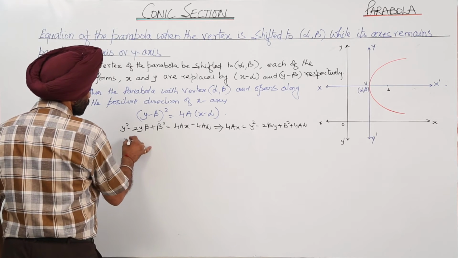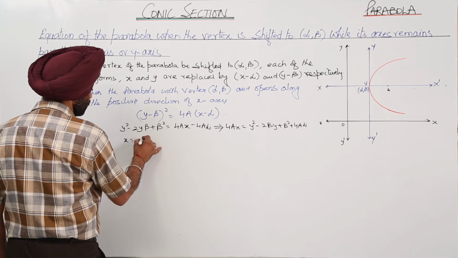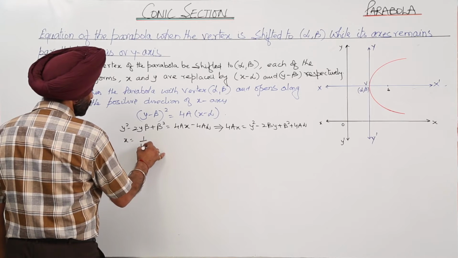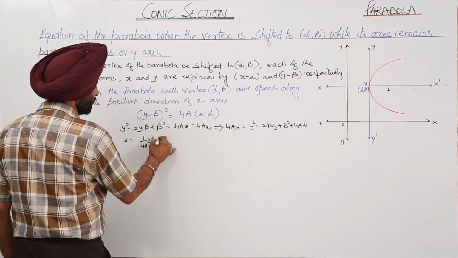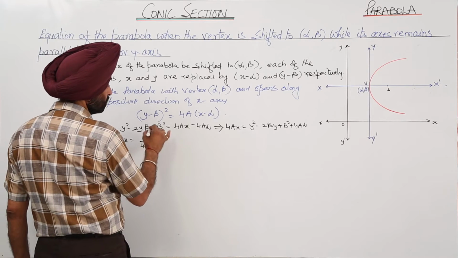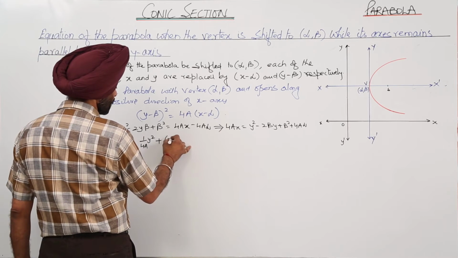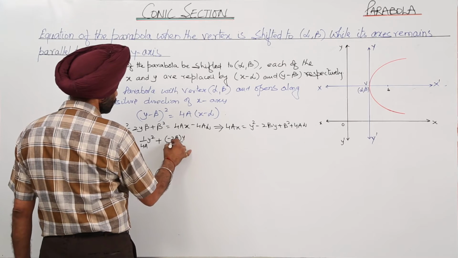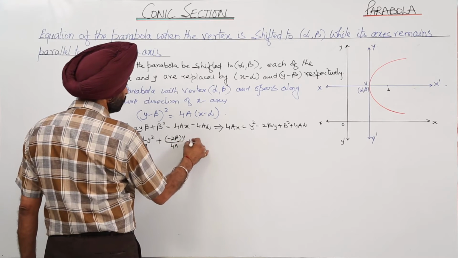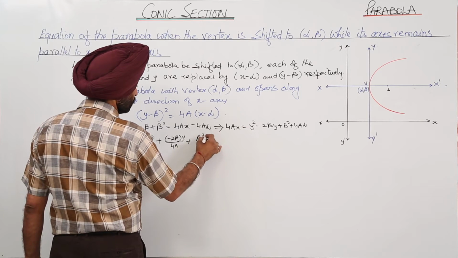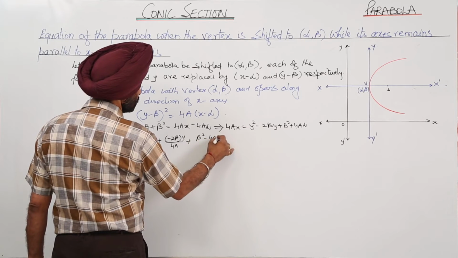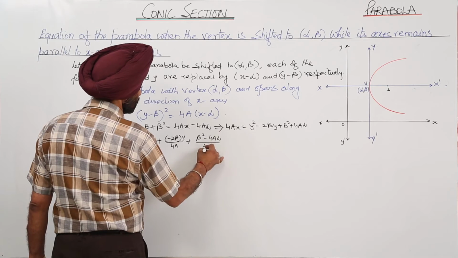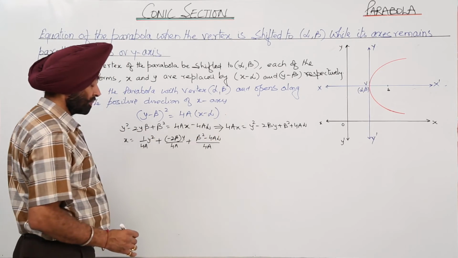Now x is equal to what? x we can write as 1 upon 4a y square plus negative of 2 beta y upon 4a plus beta square minus 4a alpha upon 4a.